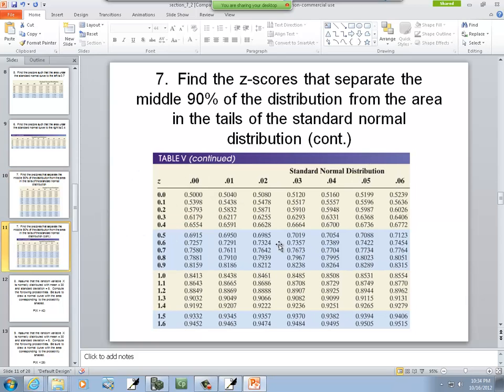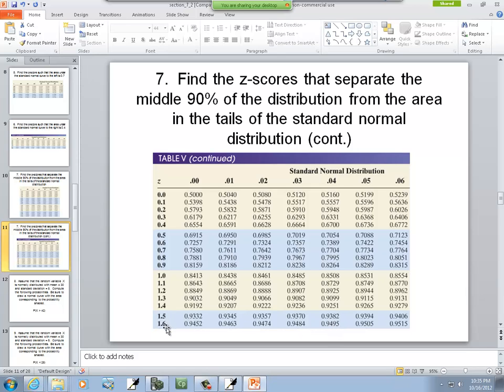So let's go to our next one here. Okay, we're looking in the middle here. We're looking for something close to 0.9500. Here's a 0.9505, and here's a 0.9495. Both of those are 0.0005 off.